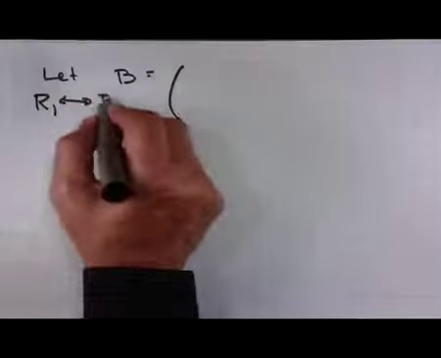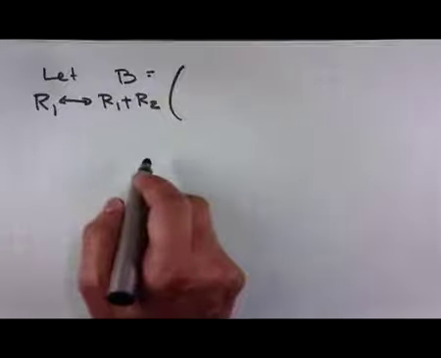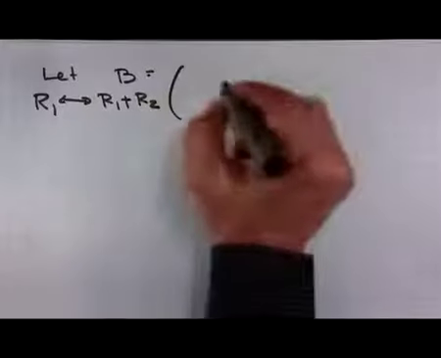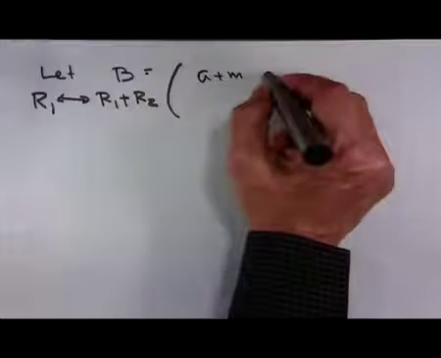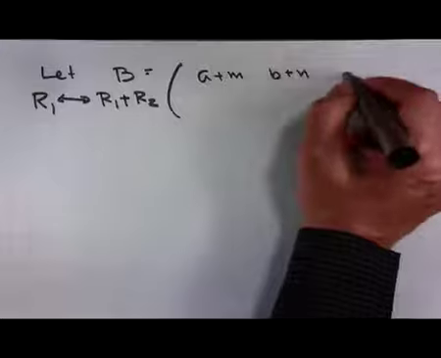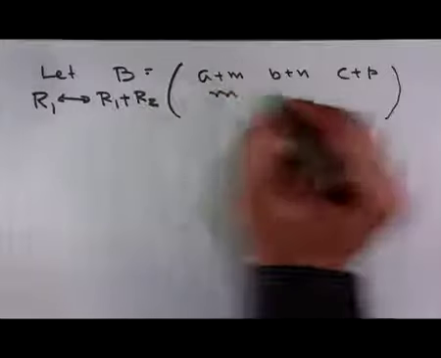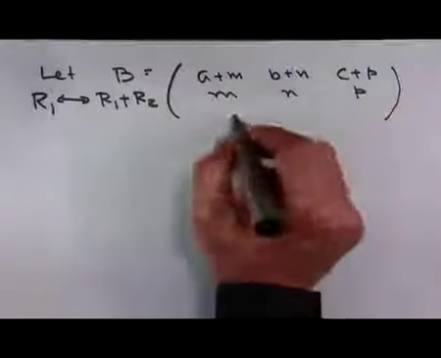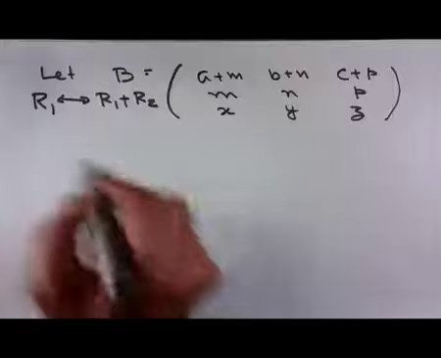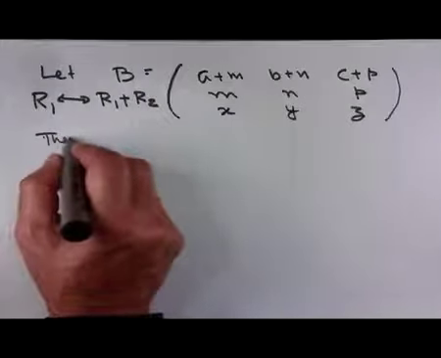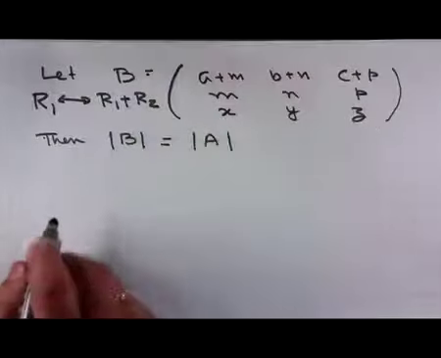That means I am replacing row 1 with the sum of row 1 and row 2, which means that now B has rows a plus m, b plus n, c plus p, and the other rows remain the same: m, n, p and x, y, z. Then the claim is that the determinant of B is the same as the determinant of A.